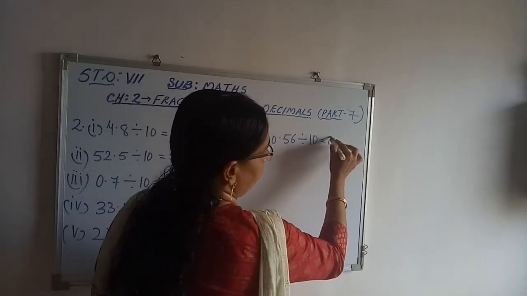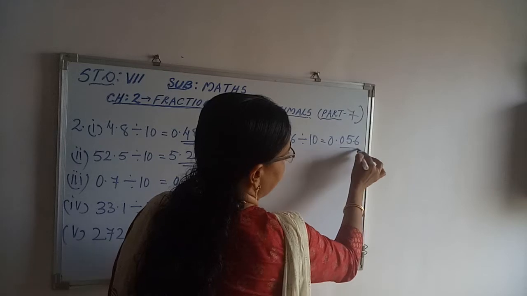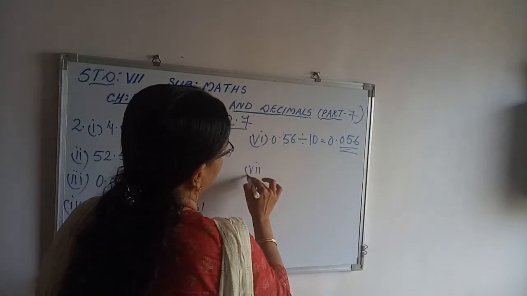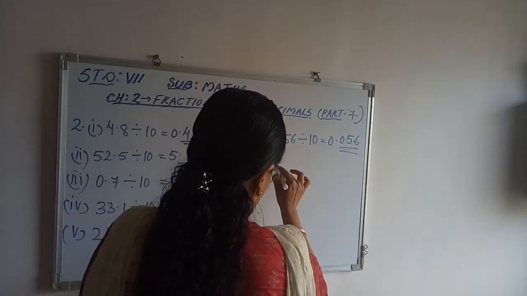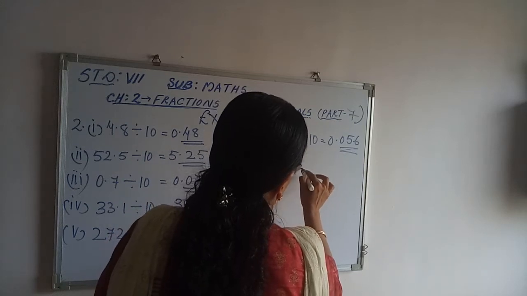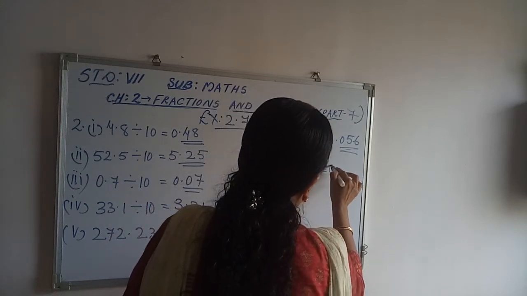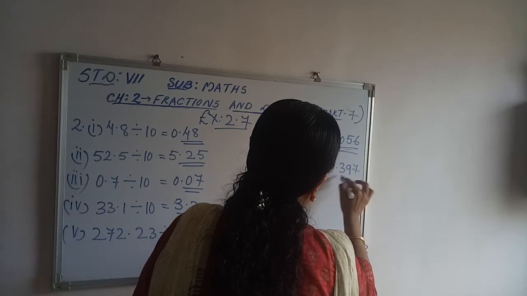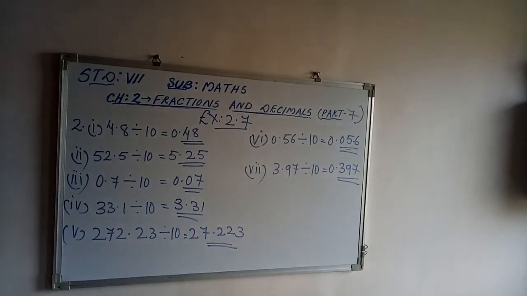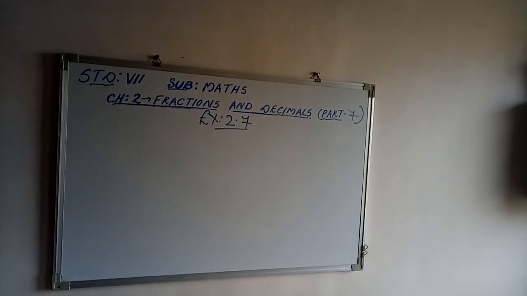One place to the left, 0.056. Then seventh one, 3.97 divided by 10, 0.397. Is that clear? That is division by 10. Shifting the decimal point to the left by one place. Now same way you can do by 100. That is shifting the decimal point to the left by two places.